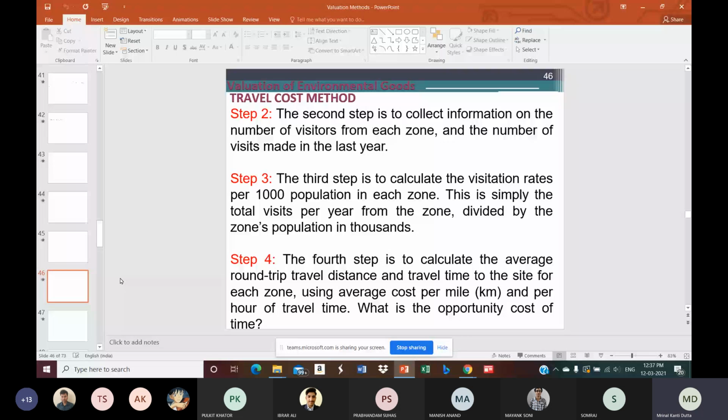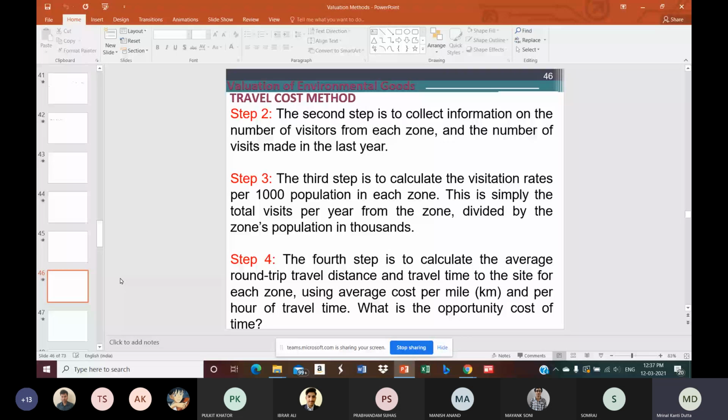So how many people might have visited from that zone, divided by the total population of that zone in thousands. That is the visitation rate, and the visitation rate tells us about the demand for a particular location from a particular locality.